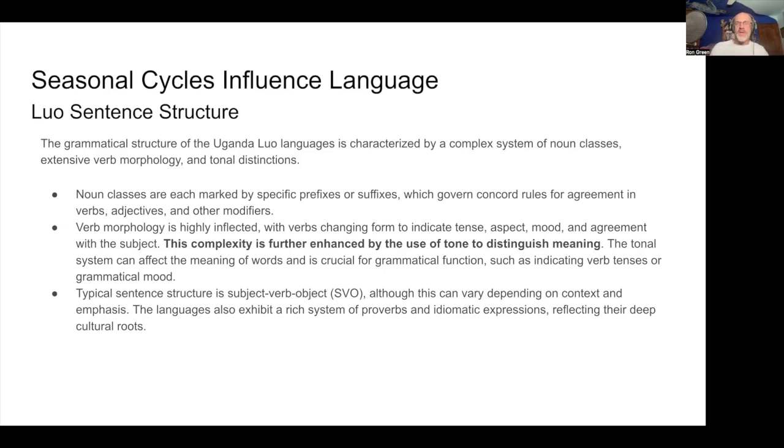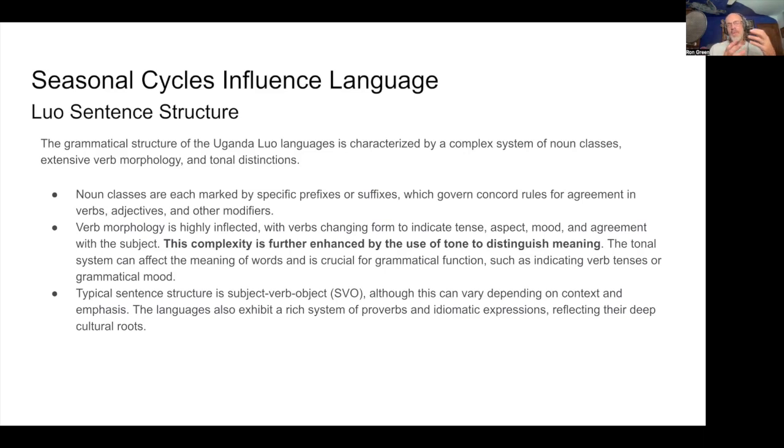So noun classes are each marked by specific prefixes and suffixes. That's common, which govern concord rules for agreement in the verbs, adjectives, and other modifiers, right? This is interesting because nouns in English are largely independent of those distinctions.